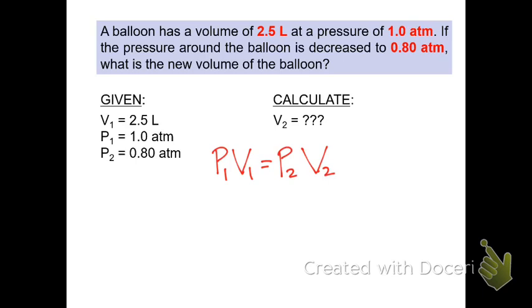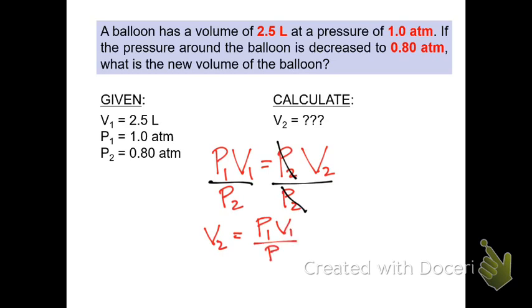So what we can do is divide both sides by P1. And you can see how the units would cancel out here. And now we have V2 by itself. V2 equals P1 times V1 divided by P2.